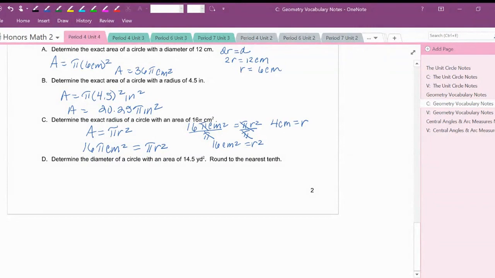Our last one here, determine the diameter of a circle that has an area of 14.5 yards squared. Area is pi r squared, so I have 14.5 yards squared equals pi r squared. We're going to divide both sides by pi. Then we're going to take the square root.